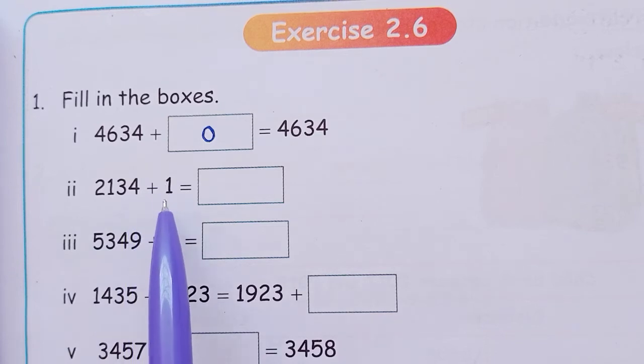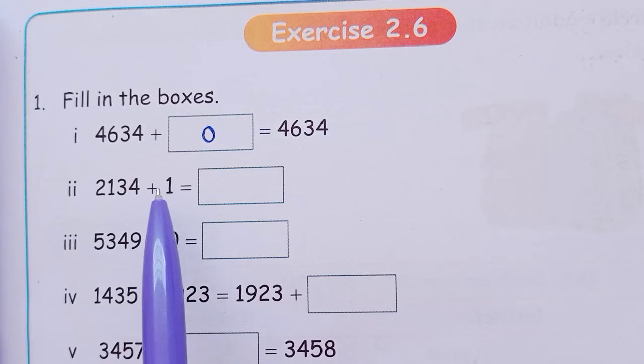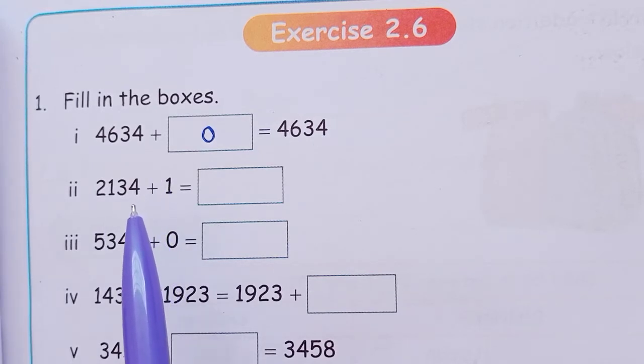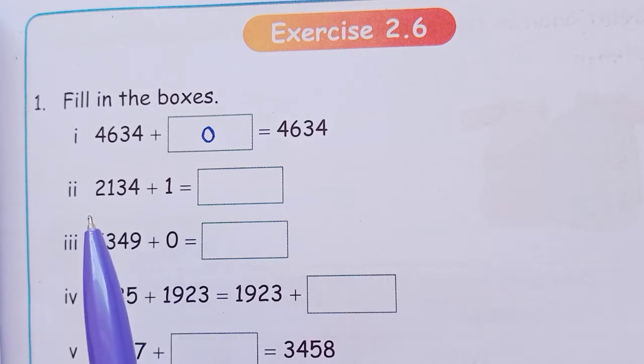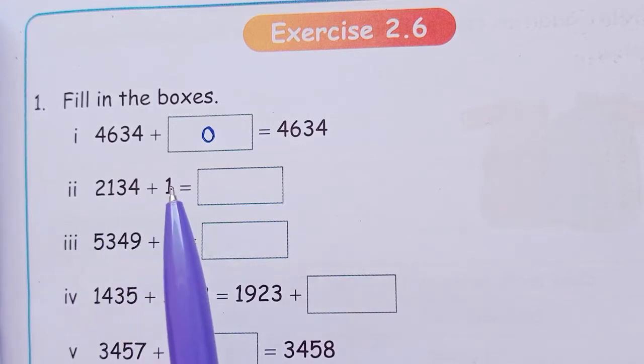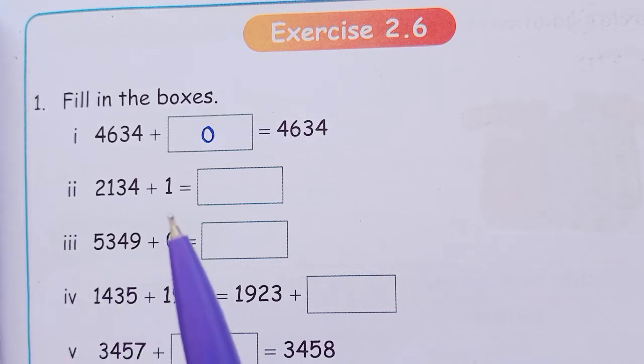2134 plus 1. What will come? When 1 is added to a number, it gives the successor of the number as the sum.